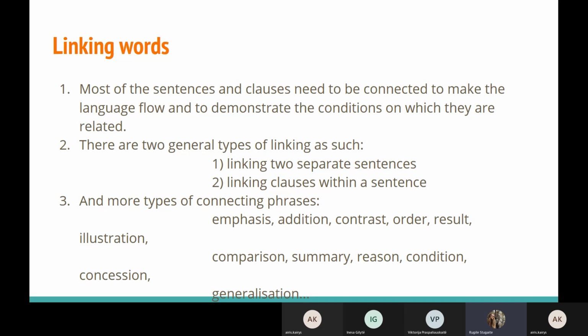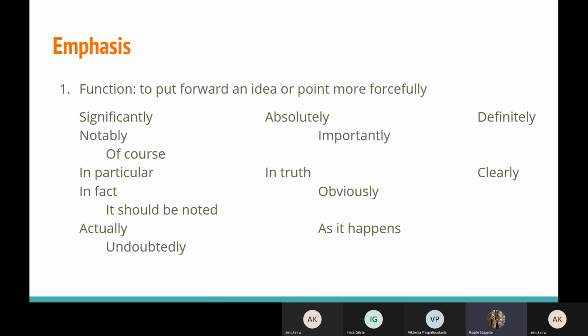So there are two general types of linking words, such as linking separate sentences or linking clauses within a sentence. And also there are more types of connecting phrases that I will cover in the following slides. So now we can move on to the next slide.